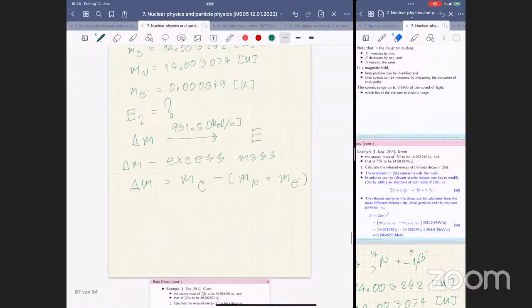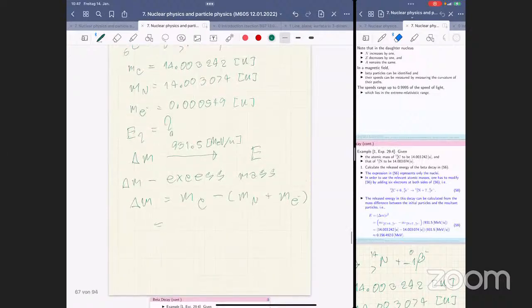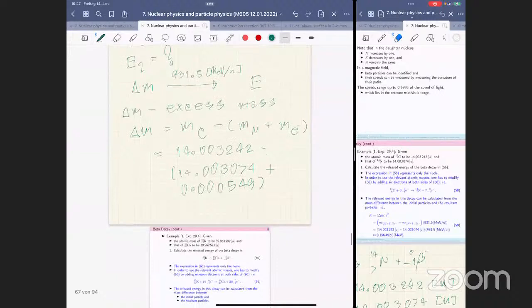So the first term is 14.003242 minus two things: the first one is 14.003074, plus the third term, which is 0.000549, and that's the result.